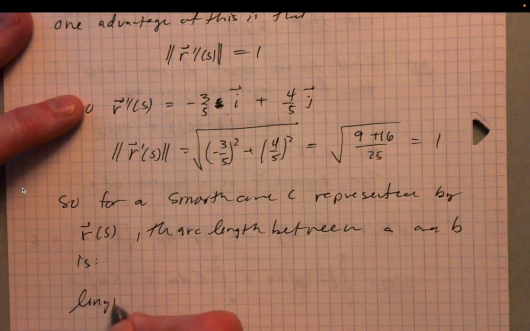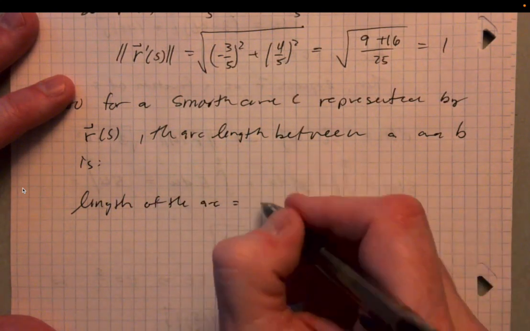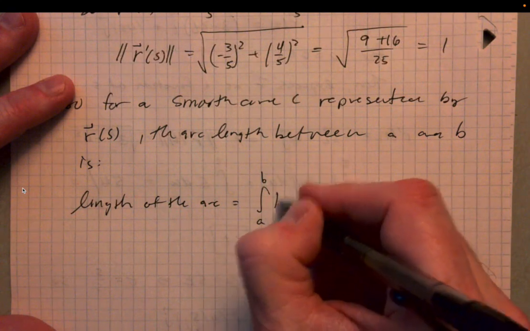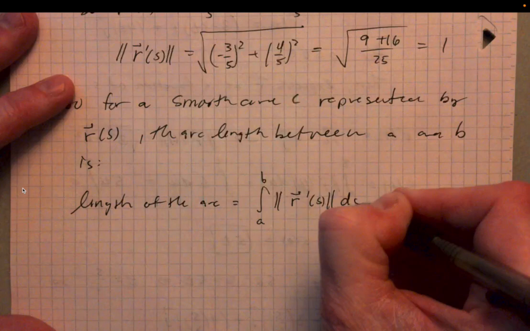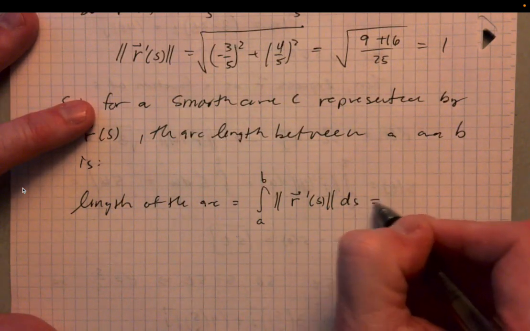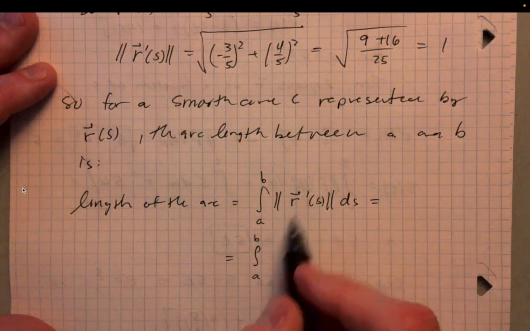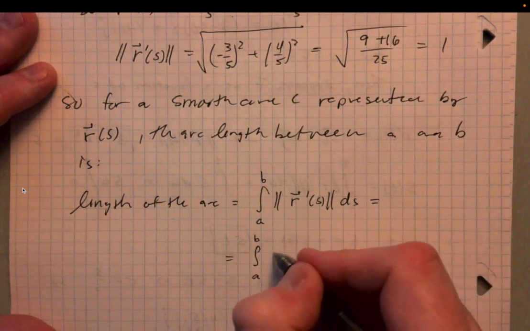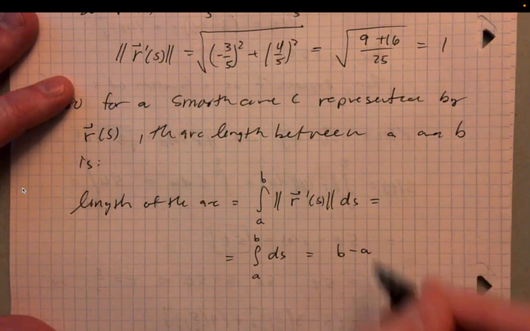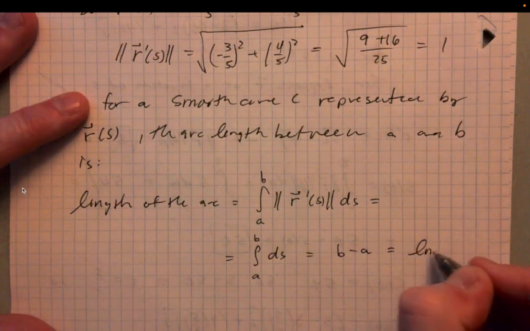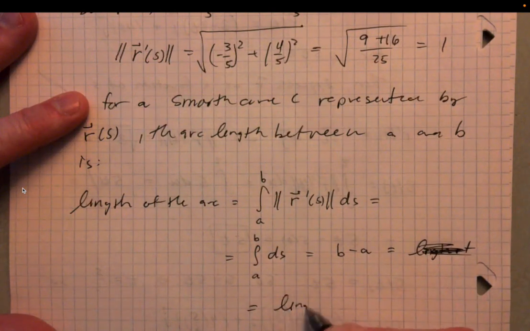So the length of the arc is equal to the integral of the norm of r prime of s ds, and we just showed that norm is 1. So it's the integral from a to b of just ds, and when we do that we get b minus a, which is just the length of the interval.